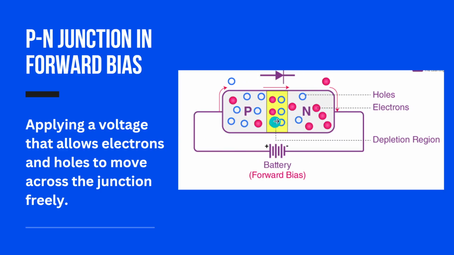Also, the depletion region is going to be very small and very thin, and this is going to allow the electrons and the current to flow in this circuit. So this is what forward biasing actually is, a type of connection to the p-n junction. And by the way, the p-n junction is the construction of the diode that we are going to explain in the next lecture.